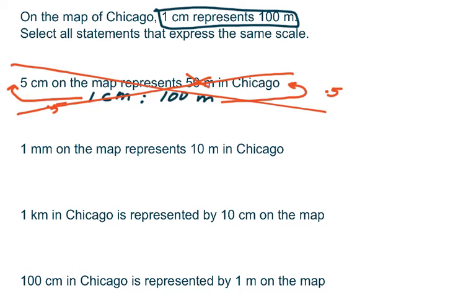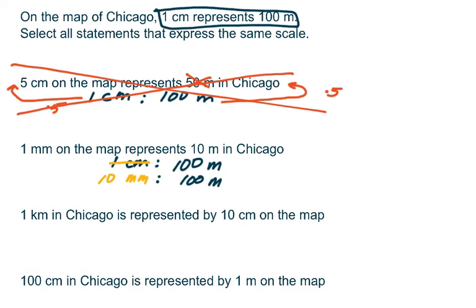It says 1 millimeter on the map represents 10 meters in Chicago. So for this one, again, I started with 1 centimeter represents 100 meters. The first thing I did was to change 1 centimeter into 10 millimeters. They're equivalent. And I kept the 100 meters the same.